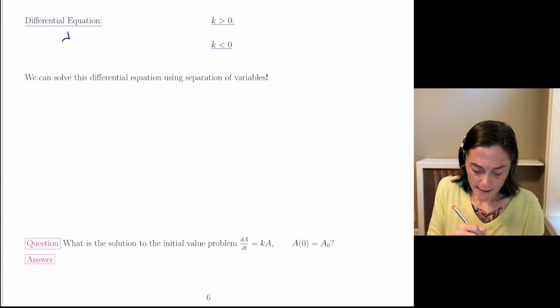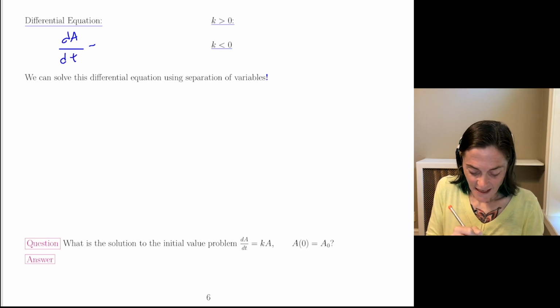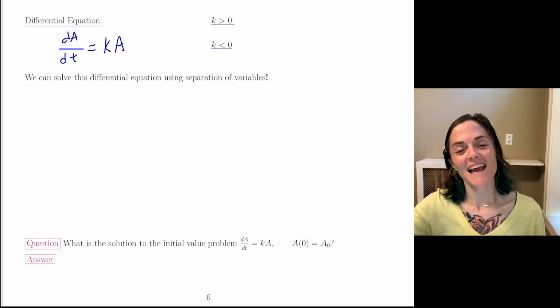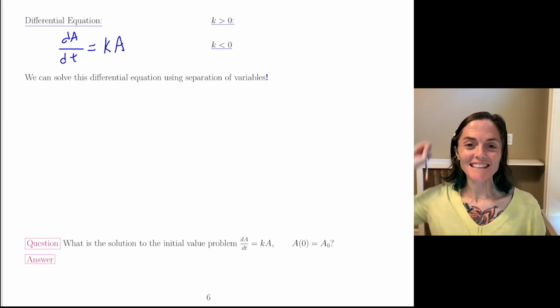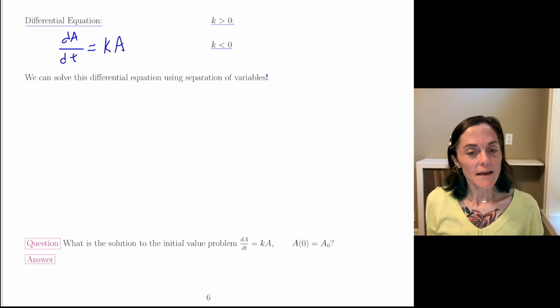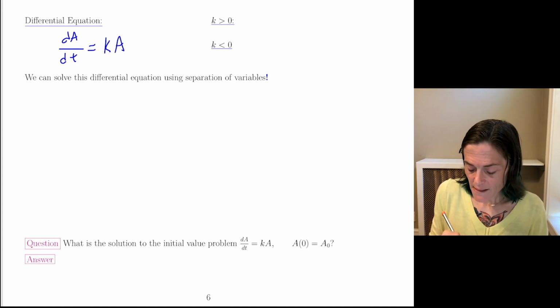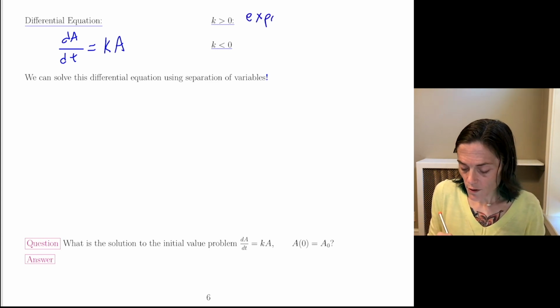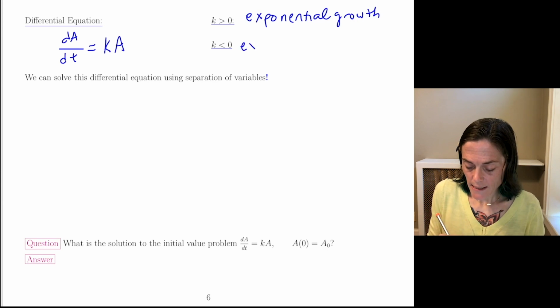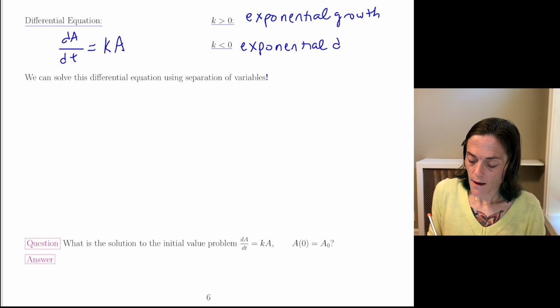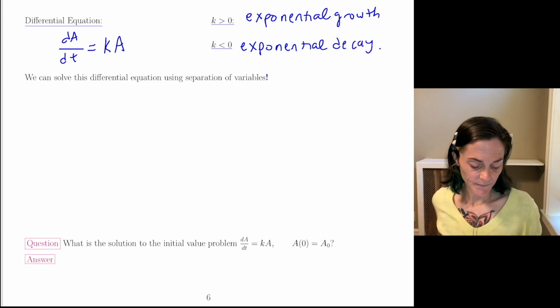It will say dA dt is a constant times A. This is the rate of change of the quantity is proportional to the amount at that time. If k is bigger than 0, this is exponential growth, and this is the growth constant. And if k is less than 0, this is exponential decay, and k is the decay constant.